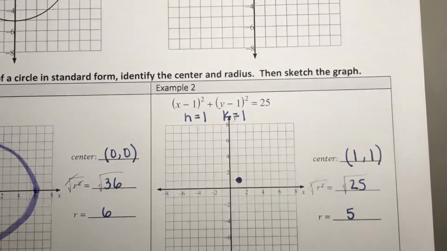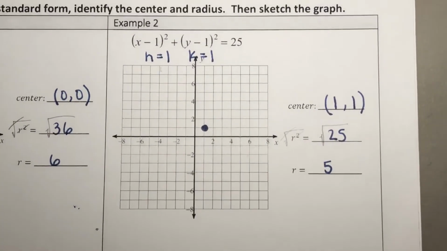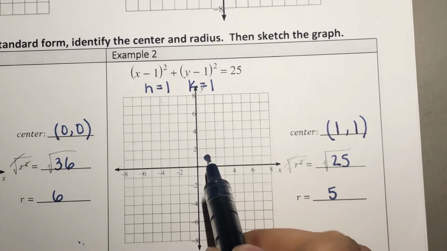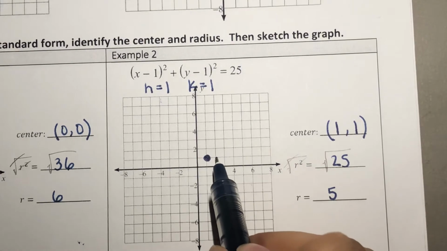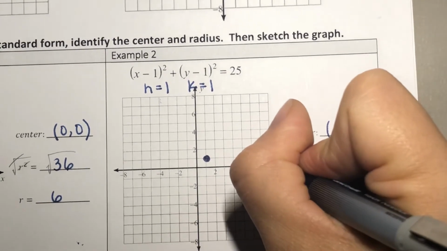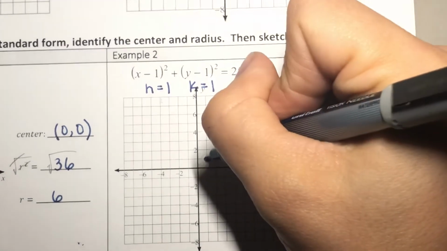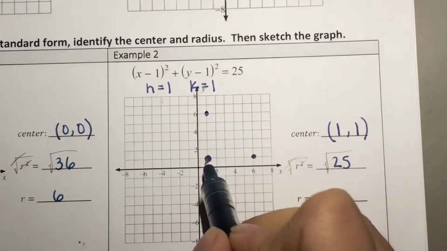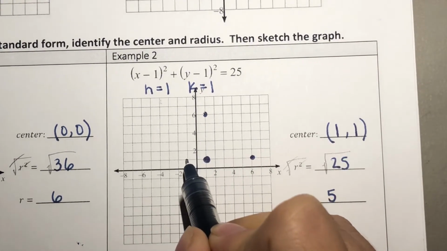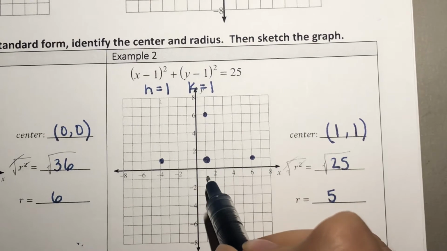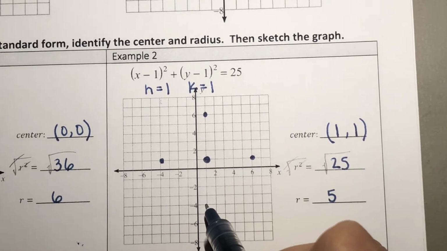To finish graphing the circle, starting at the center, we're going to move 5 units to the right, 1, 2, 3, 4, 5. 5 units up. 5 units left. 5 units down.